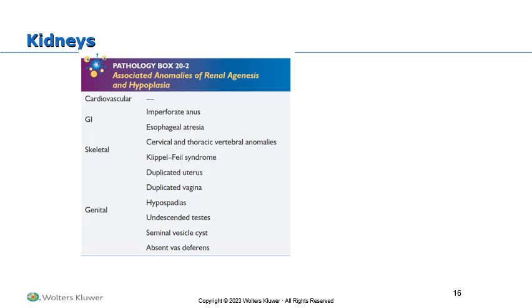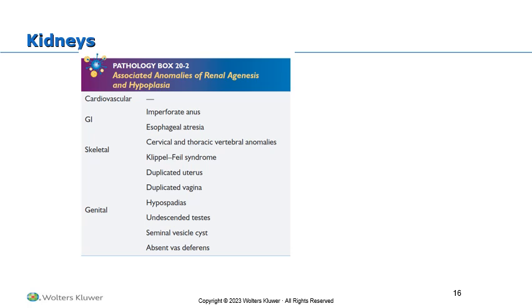So when we look at this list, we can pretty much pull all these back to having associations with those VATER, VACTERL, or other abnormalities in the genitourinary system, which we know develops with the genitals developing with the urinary system, and so if one has some abnormalities, the other often will too.